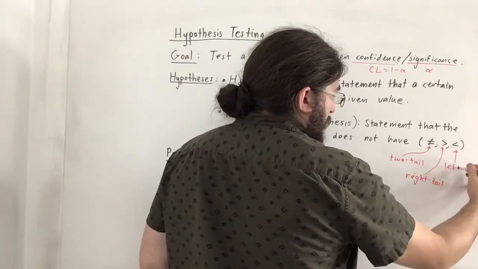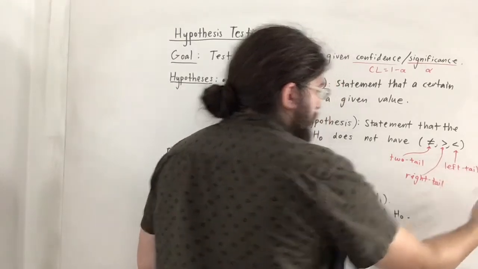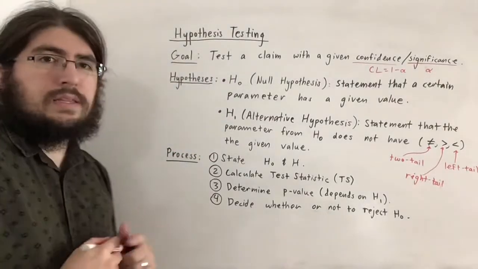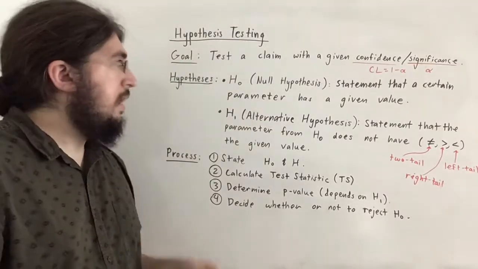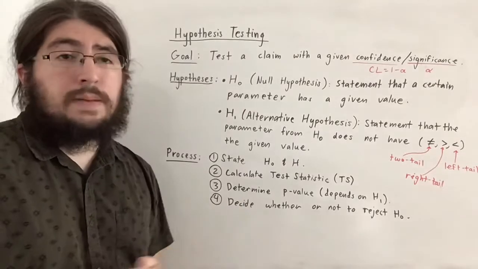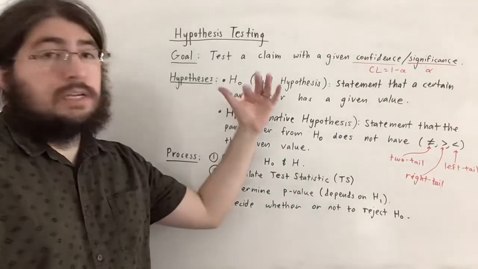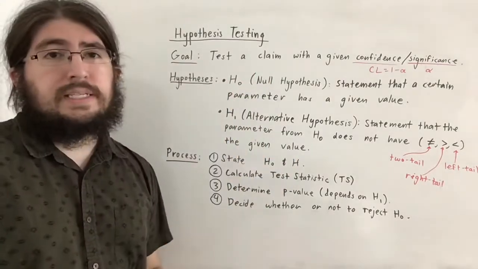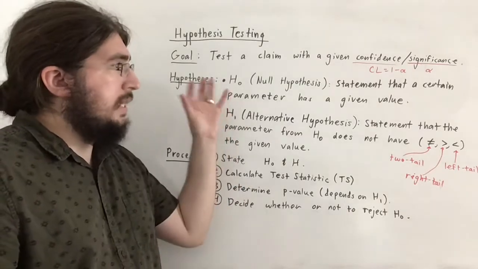Now, I mentioned earlier that depending on the book you're using, the explanation may be a little different. Basically, the null hypothesis is sometimes referred to as the complement of the alternative hypothesis. Now, what I'm going to be describing is not that.